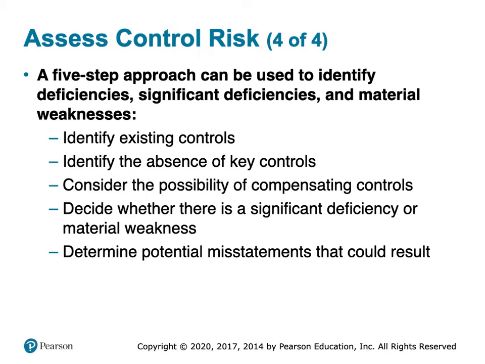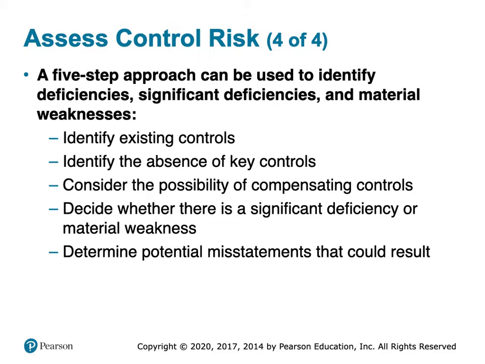So you identify the existing controls. You find where there may be absence of the controls. You consider whether there are possible compensating controls, like a bank reconciliation may be a compensating control for a lack of a control in a cash management application, for example, when you're applying cash to invoices.